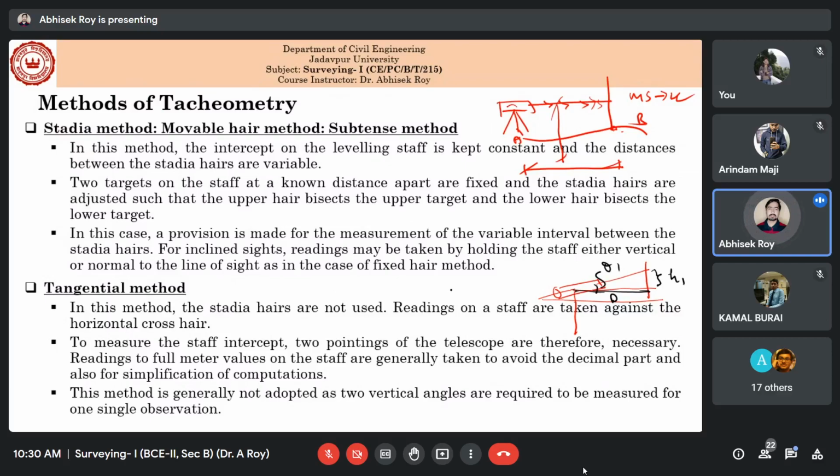Now with the help of that instrument at the same position, again we will take a reading of the staff held at B at a different angle, say theta2. So obviously your height will change but your base is the same. So by applying these two methods you can calculate the D.